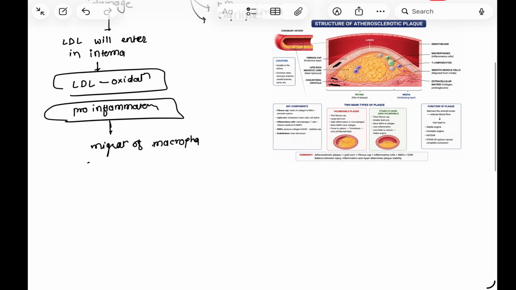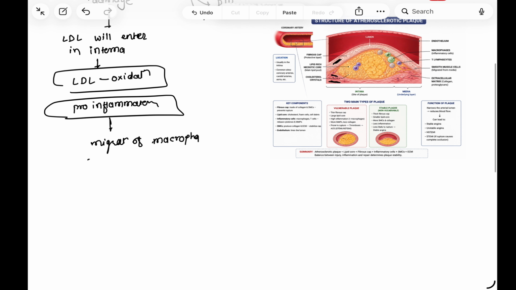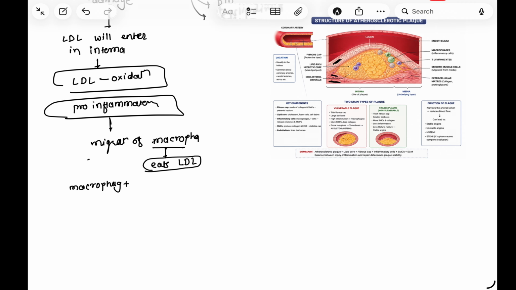But what happens next is, after the recruitment, the macrophage eats this LDL, right? So macrophage plus LDL, we call it a foam cell, right? These are a few terms that one should always remember. Macrophage plus LDL is a foam cell.